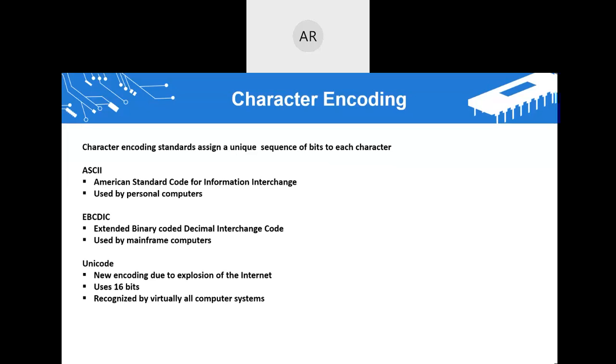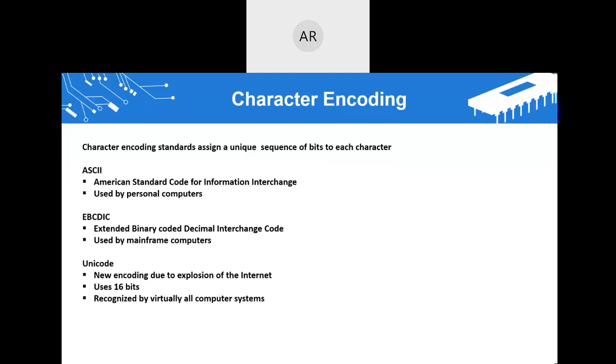So the data that it receives from the button that we press will be encoded using ASCII, and it will interpret and show it as a letter A, a letter S, a letter D, like that. It is similar to the other example, Extended Binary Coded Decimal Interchange Code, which uses binary numbers, and Unicode as well.